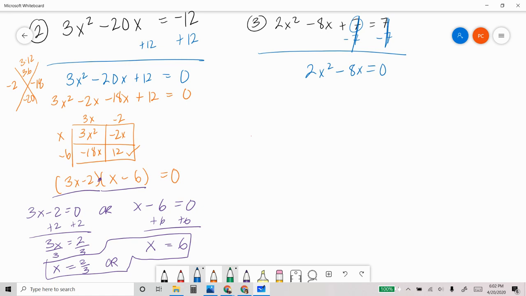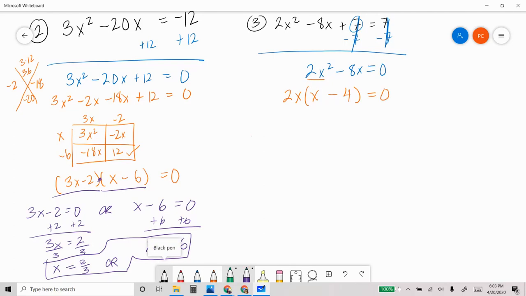But let's go back through the steps for factoring. The first step is to take out a GCF. The GCF of 2x squared and 8x would be 2x. So to get 2x squared, I would multiply 2x by x, minus, I have to multiply 2x by 4 to get 8x, and that is equal to 0.